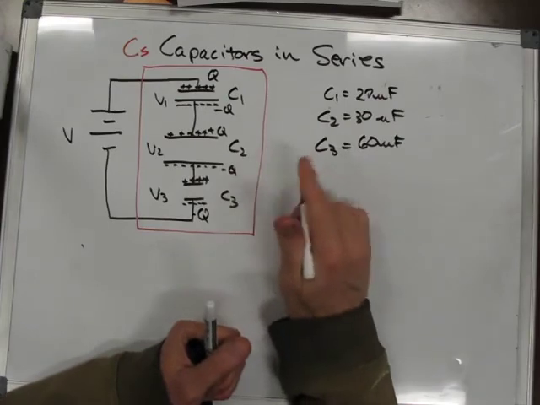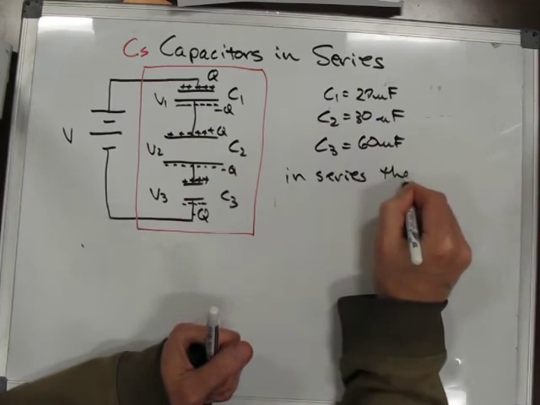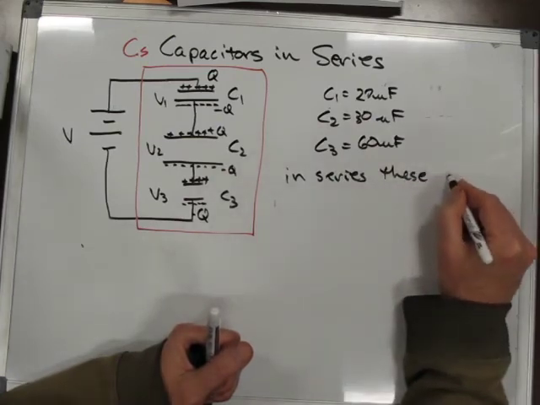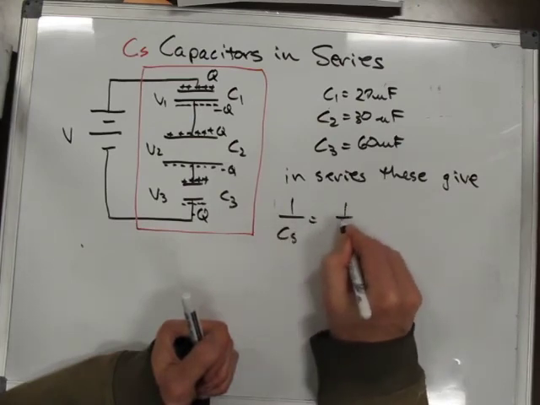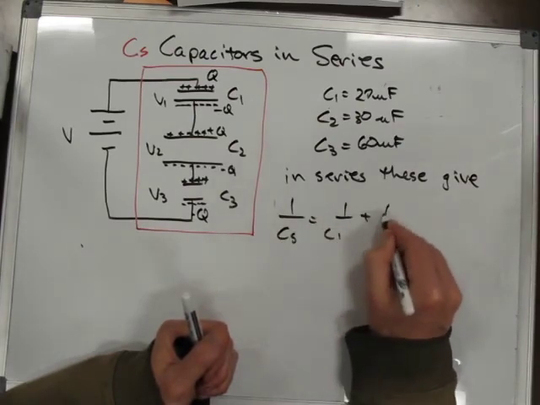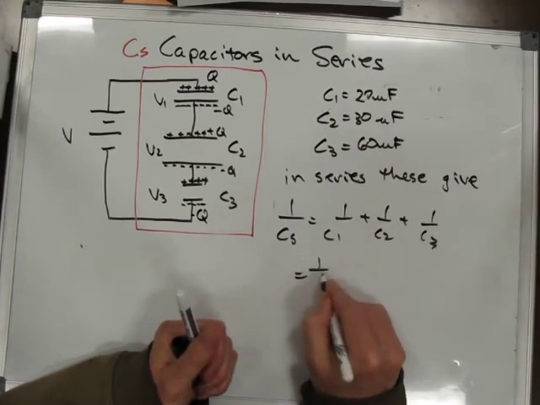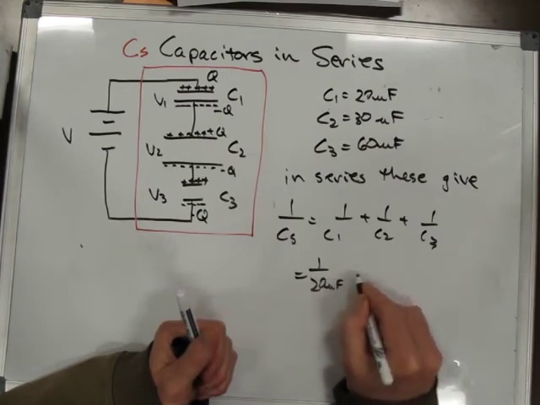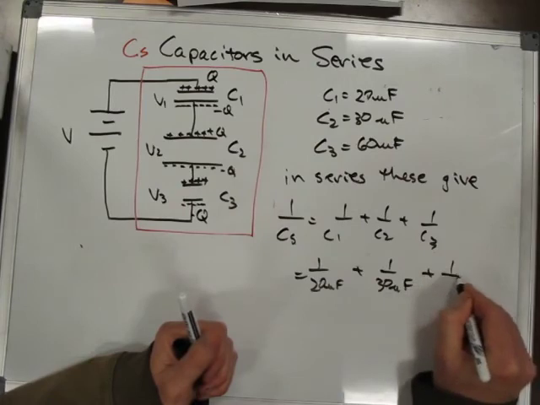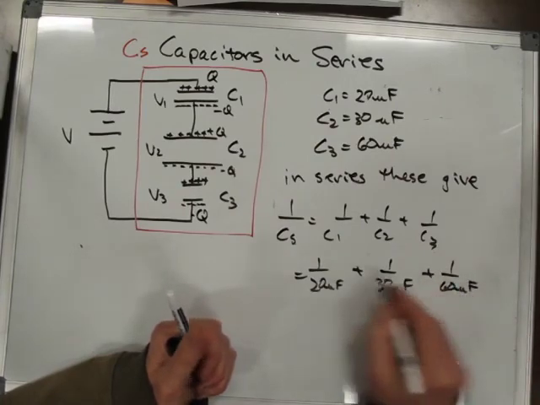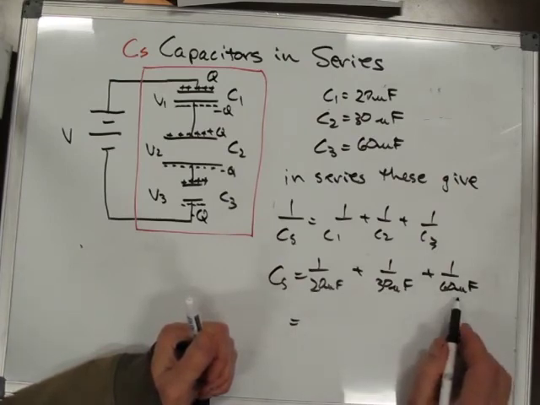But now in series, we can do this in our head by finding a common denominator of 60.